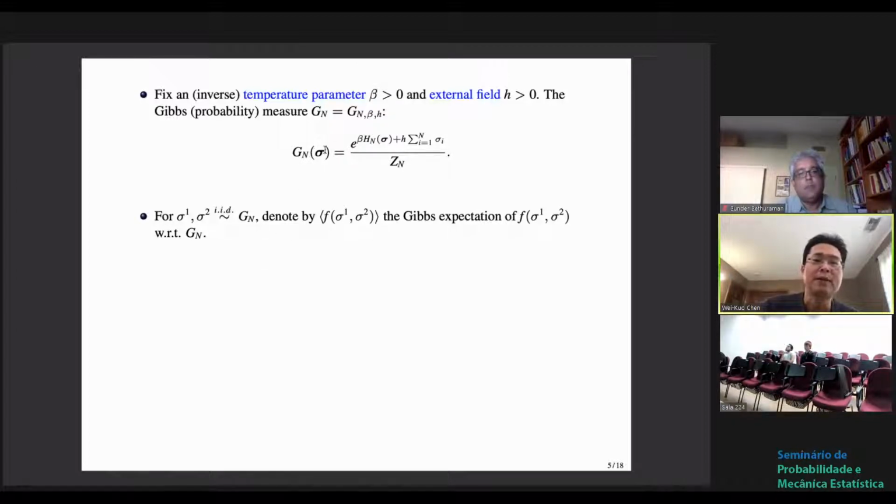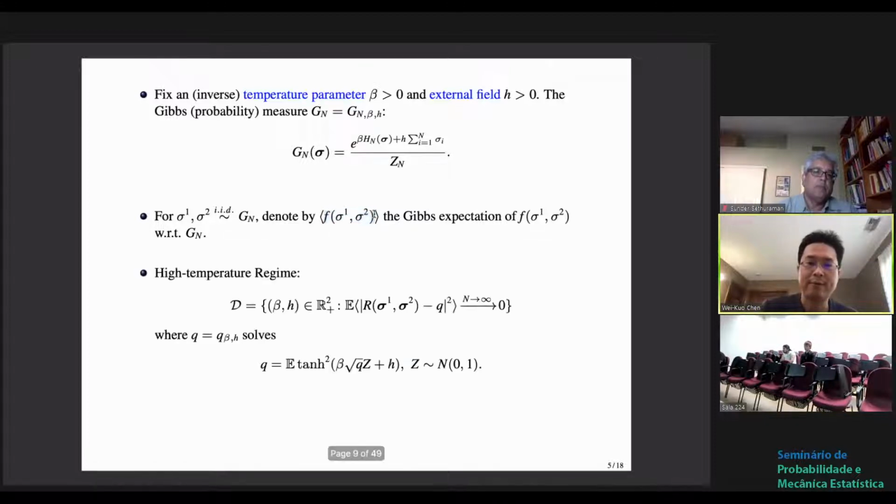Since you have a probability measure, you can define expectations. This notation, with sigma 1 and sigma 2, simply means independent sampling from G_N, and I compute the expectation of f of sigma 1 and sigma 2.